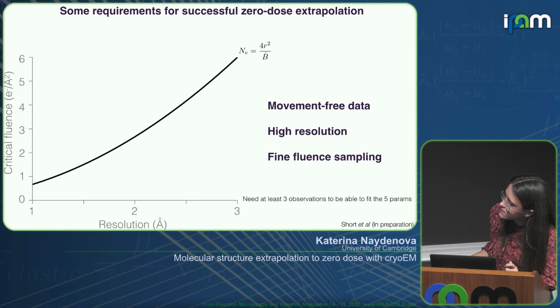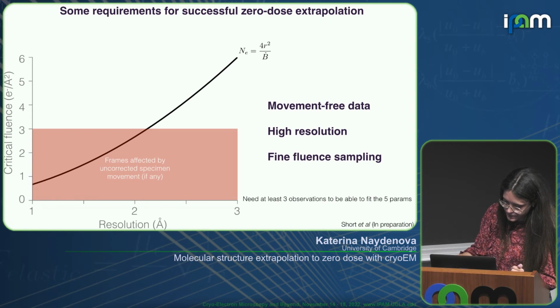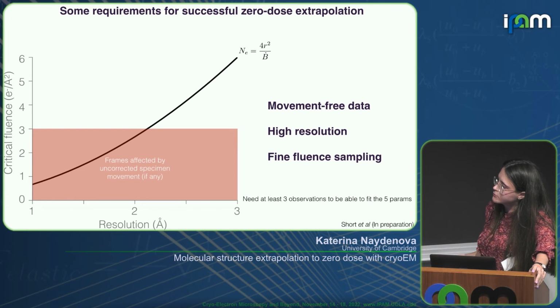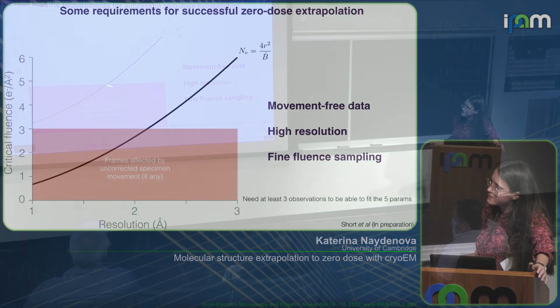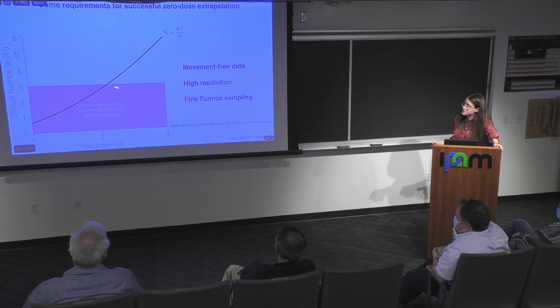And especially this is true because the amount of fluence, or how many electrons per angstrom squared, destroy the information in your specimen as a function of resolution, scales with resolution squared. So let's say if we had frames affected by uncorrected specimen movement, this would be something like up to 3 electrons per angstrom squared, as we saw in the apo-ferritin movies, meaning that the earliest sensible per frame resolution information you get is like past 2 angstroms.